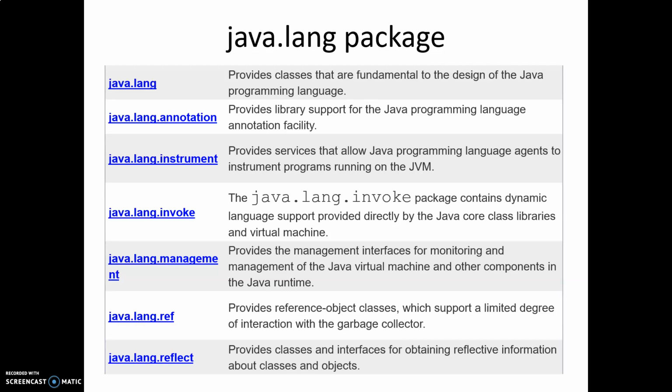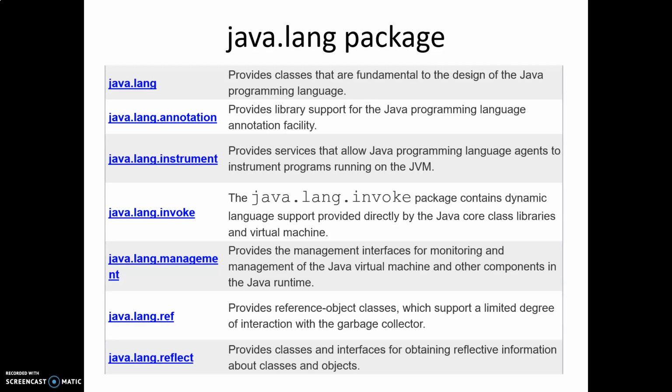Along with this we have some important things like java.lang.annotation, which provides the library support for the annotation facility, or I can say it is just giving information to the compiler about the code before running it. Suppose I am trying to override a method, then I tell the compiler that I am overriding this particular method, and so on.